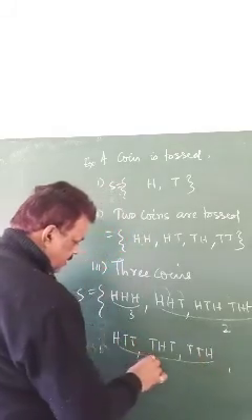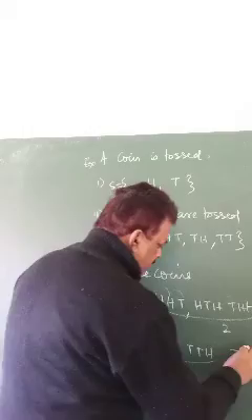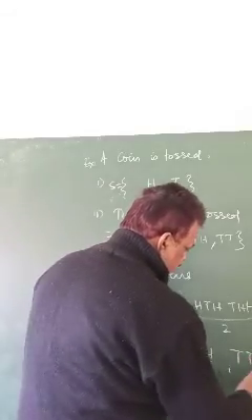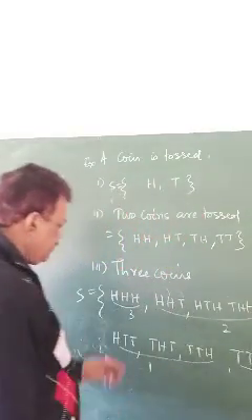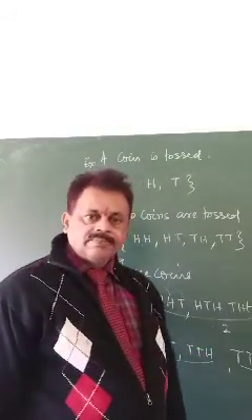This is 1 head. Then 0 head: tail, tail, tail. This is how you write 0 head. 3 heads, 2 heads, 1 head, 0 head.